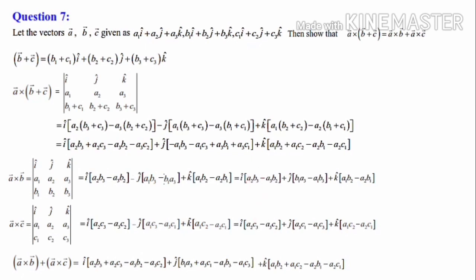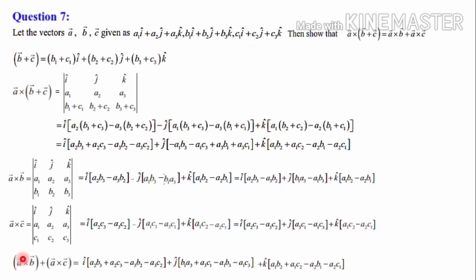Then a2 b3 we have written, then a2 c3 is written, then minus a3 b2 is written, and a3 c2 is also written, plus j cap into b1 a3, then plus a3 c1, then minus a1 b3, then minus a1 c3 is here, plus k cap into a1 b2, then a1 c2 minus a2 b1 minus a2 c1.